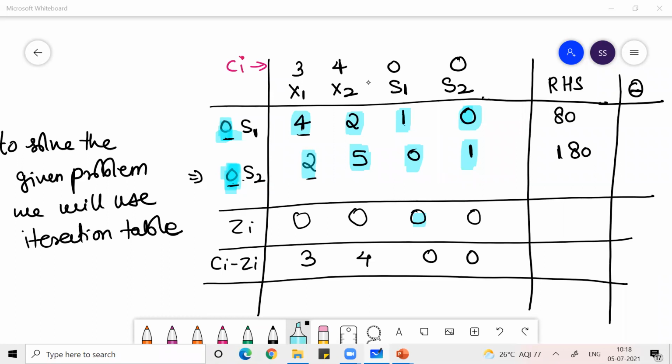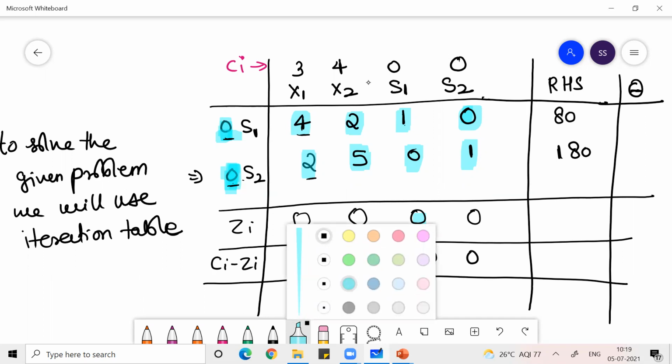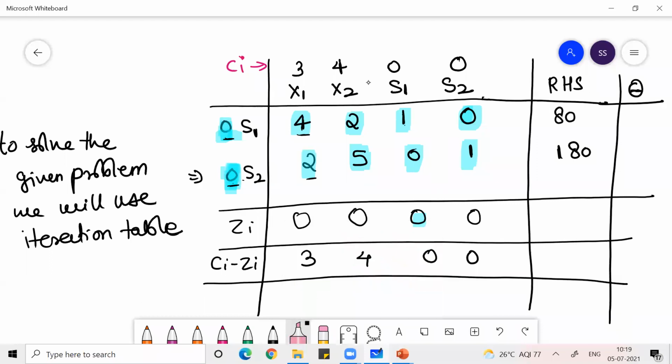So here you can see Ci minus Zi are not 0 or negative. They are positive values. Pick the value which is the highest out of all Ci minus Zi.